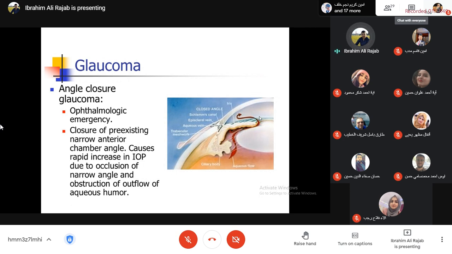In angle closure glaucoma, the aqueous will not reach the trabecular meshwork because the iris approaches the cornea and blocks the angle.